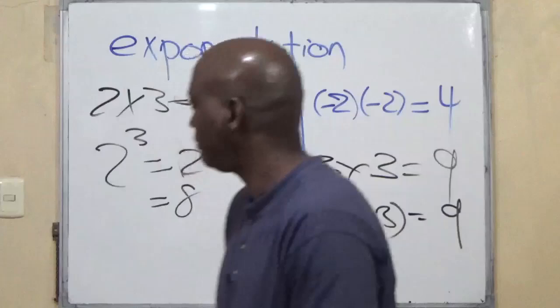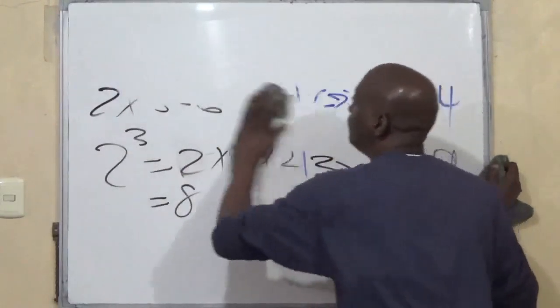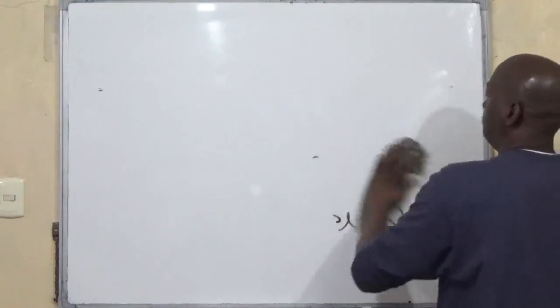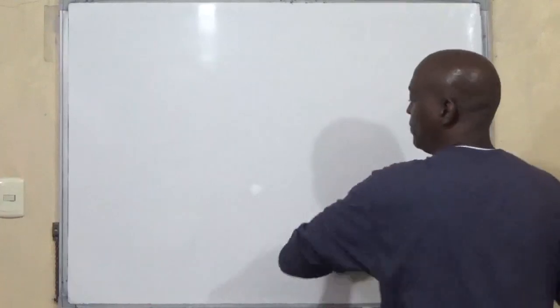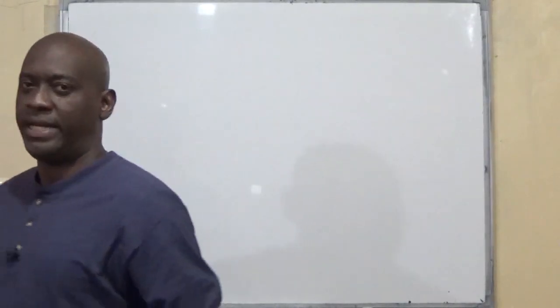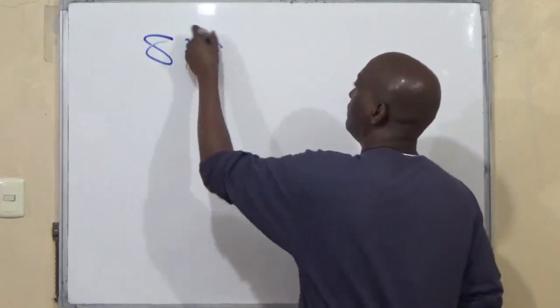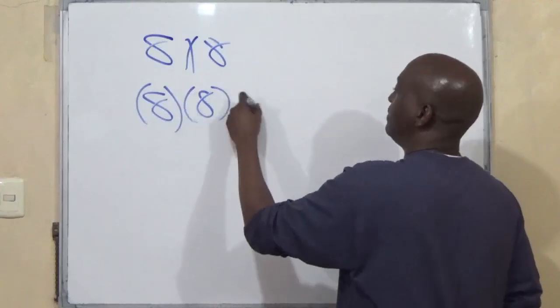So, let me do a couple examples. We know that 8 by 8 is 64. Yeah, we know that because we know our squares and square roots, not so? Yeah? 8 by 8 is 64. Or let me say 8 by 8 is equal to 64.